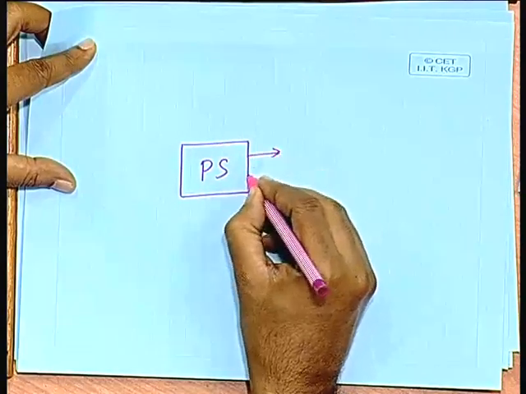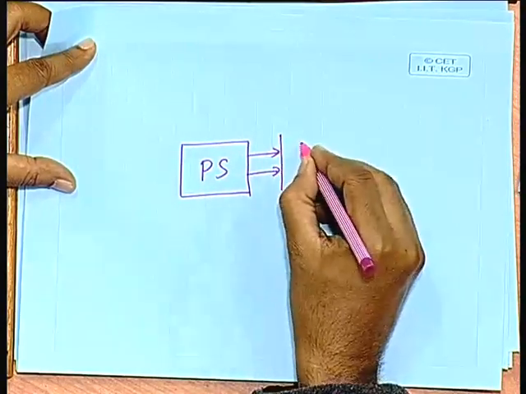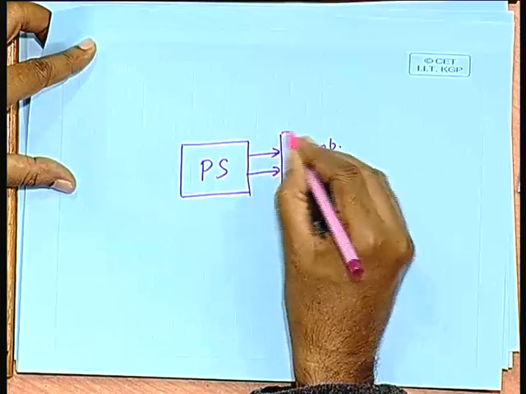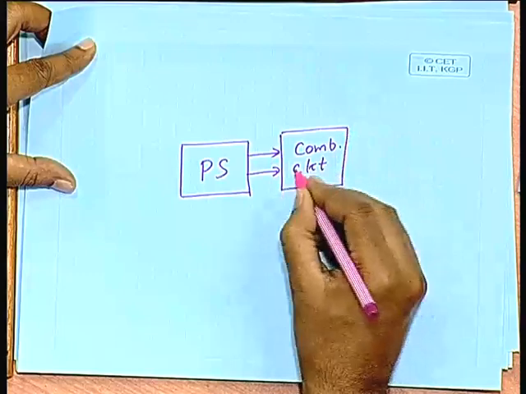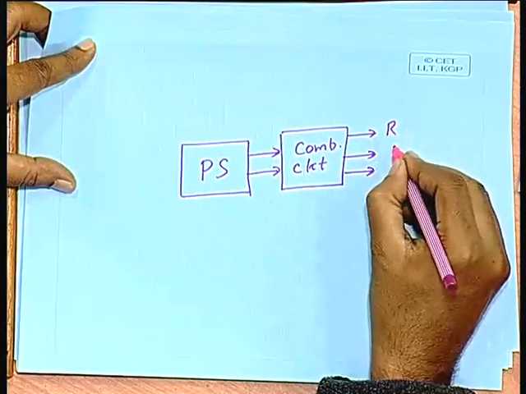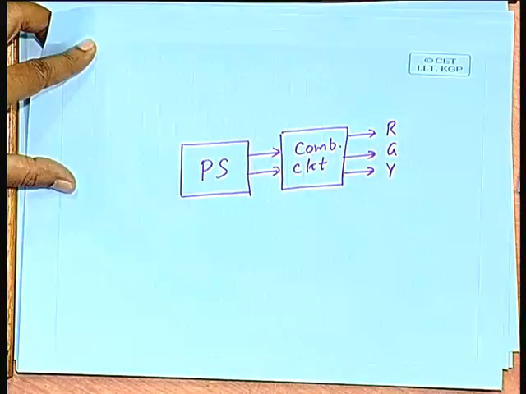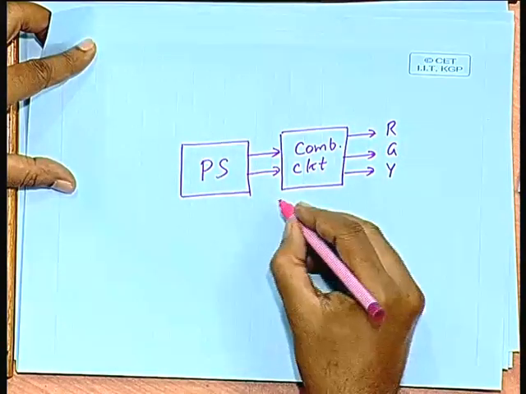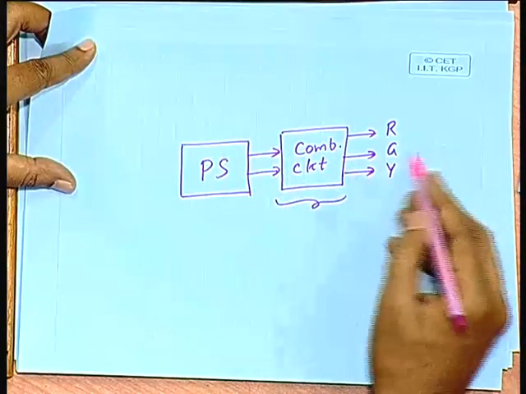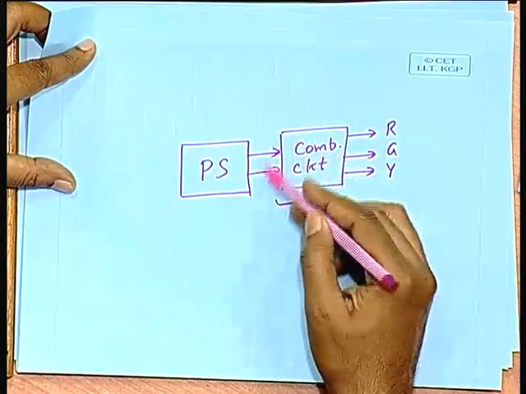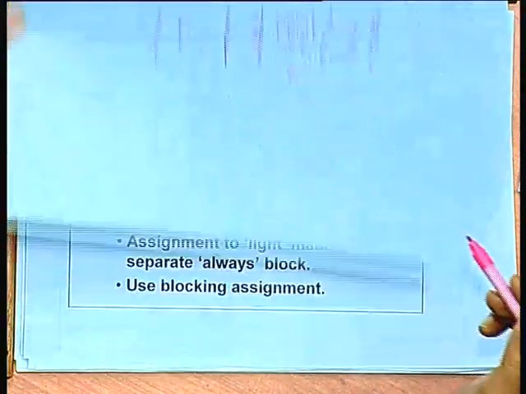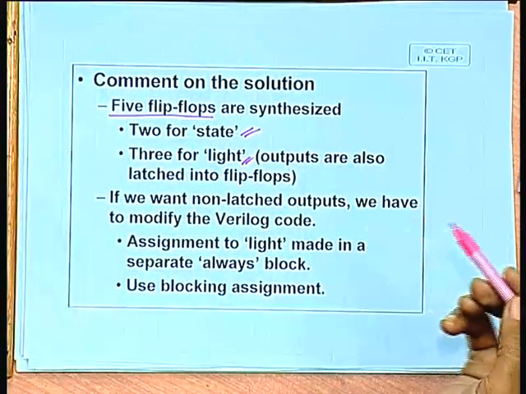Whatever is the present state, I can always design some combinational circuit out here, and from this combinational circuit I can generate those 3-bit patterns red, green, yellow. So, really we do not need a separate latch out here to store the value and from there to drive the lights. This part of the circuit can be a combinational circuit alone. Now, let us see how we can specify that.